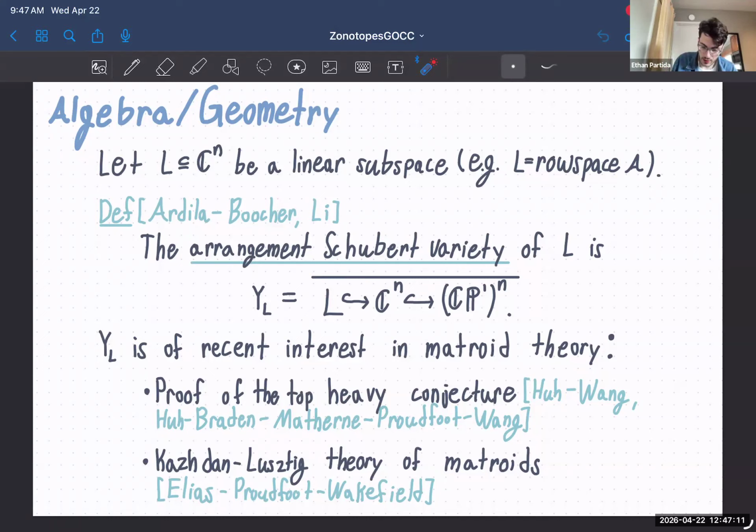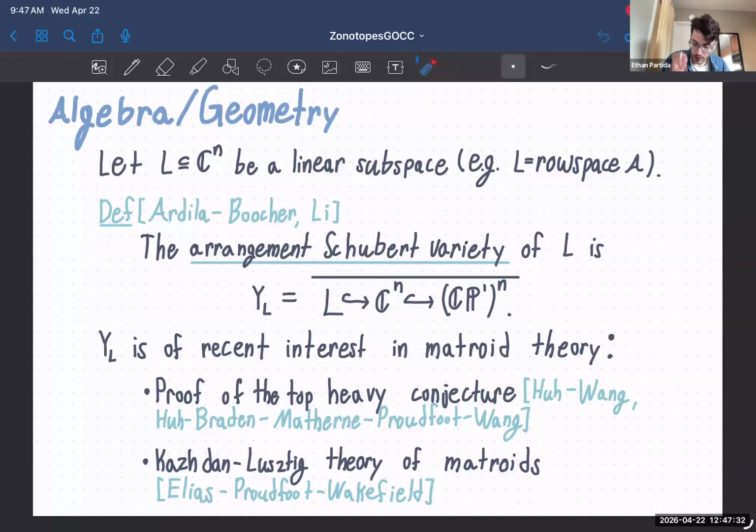So C to the n sits inside of a product of CP1 to the n's, Riemann spheres, just as all the points avoiding infinity. And so you can put L inside of CP1 to the n, and you can take closure. Since I'm over C, you can think about honest Euclidean closure inside of this product of S2s.